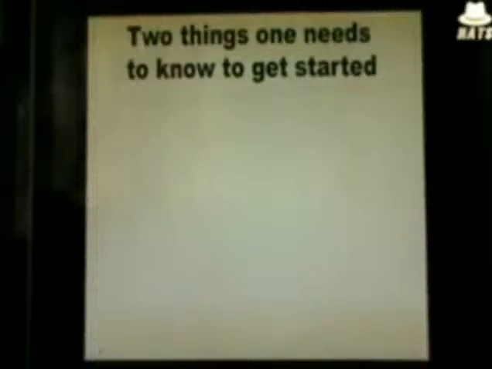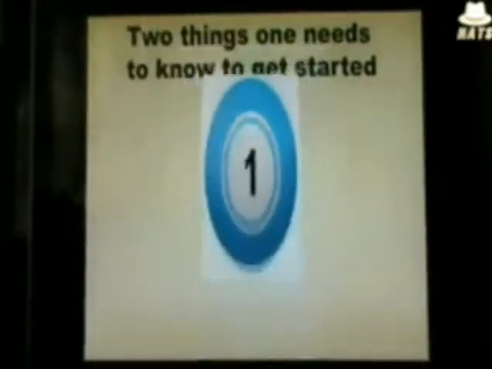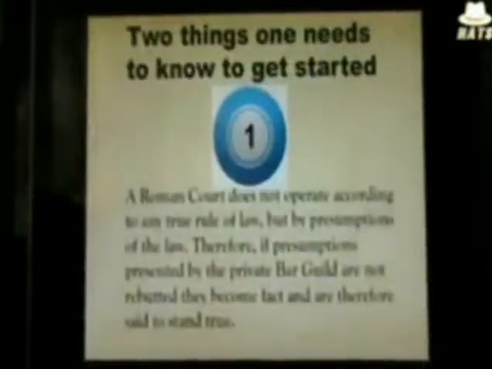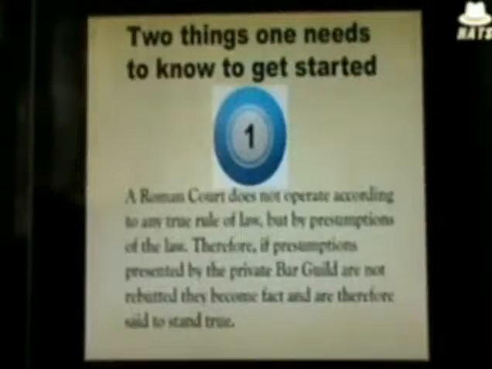Probably the two things that you'll need more than anything else to get you started are that a Roman court, or the courts that we know, do not operate according to any true rule of law, but by presumptions of the law. So if you don't rebut those presumptions, they become fact and they stand as the truth in law.